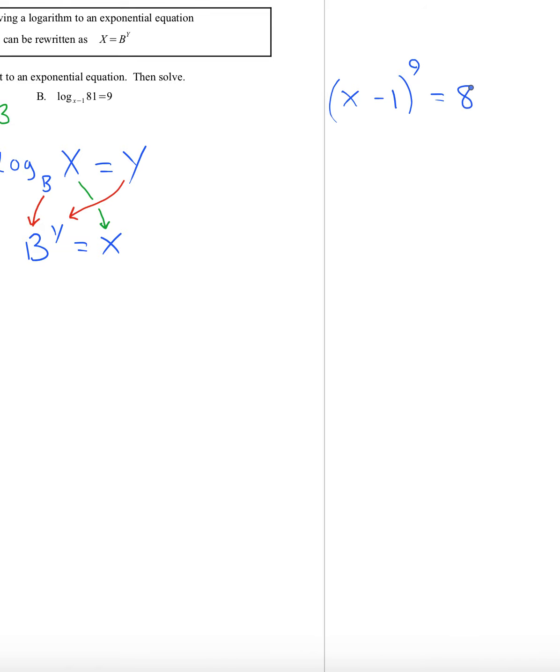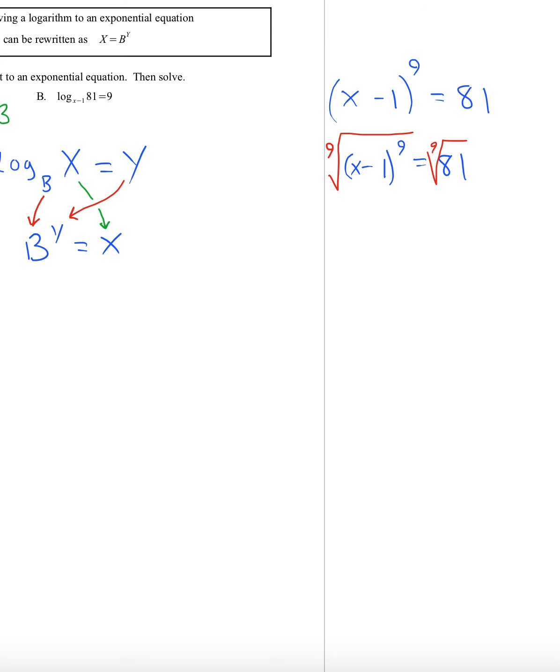And set it equal to 81. Now we'd like to solve by taking the inverse of a 9th power, which would be to take the 9th root of both sides.